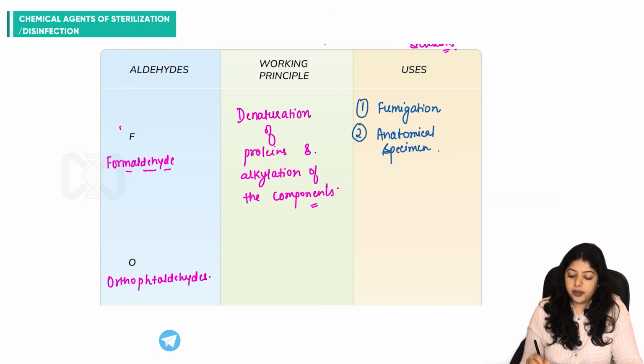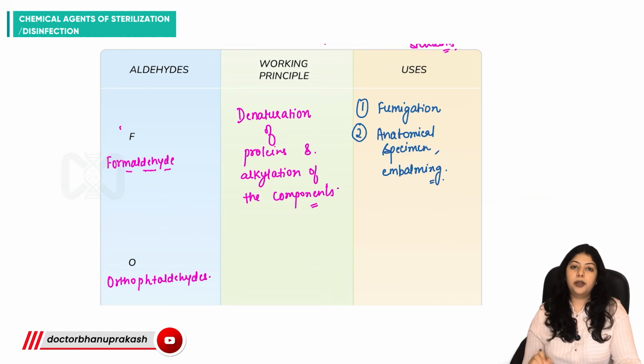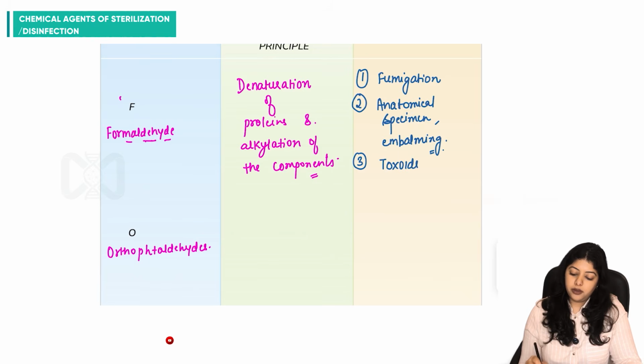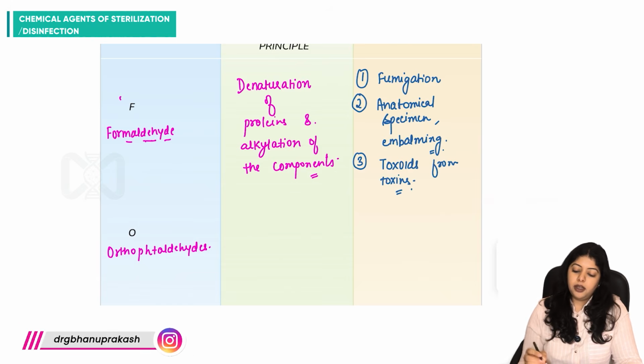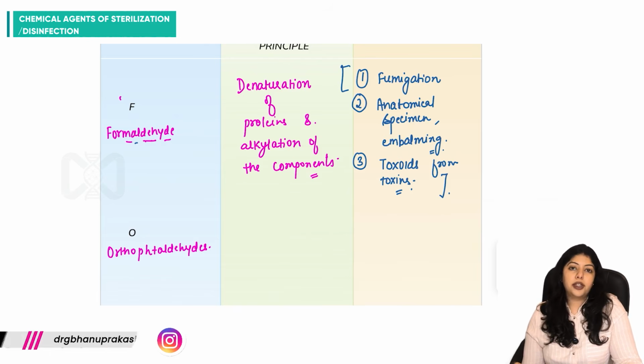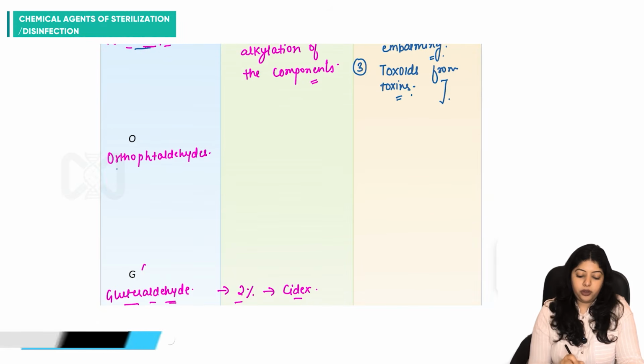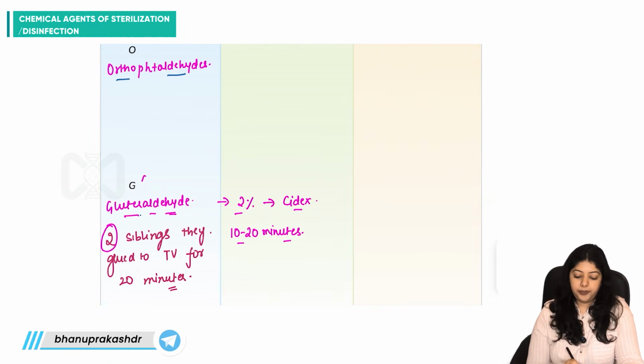It is also used for embalming, etc. And formaldehyde is also used to prepare toxoids from toxins. But the use of formaldehyde is obsolete now because it is very toxic. It is also carcinogenic. So we do not use formaldehyde now. So now we have orthophthaldehyde and glutaraldehyde.